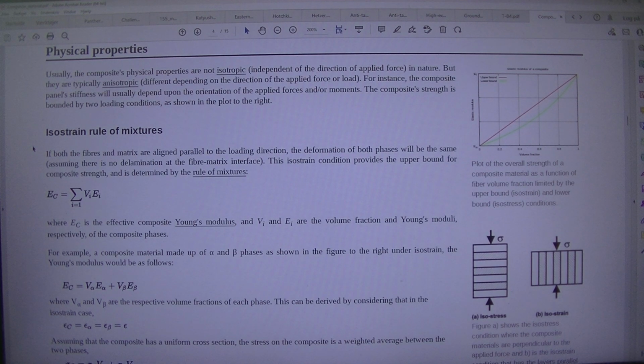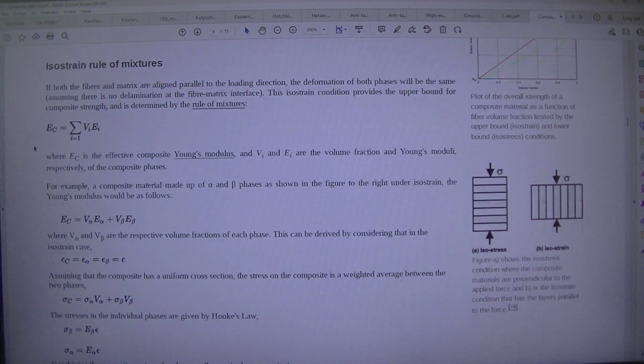Isostrain rule of mixtures. If both the fibers and matrix are aligned parallel to the loading direction, the deformation of both phases will be the same, assuming there is no delamination at the fiber-matrix interface. This isostrain condition provides the upper bound for composite strength, and is determined by the rule of mixtures.